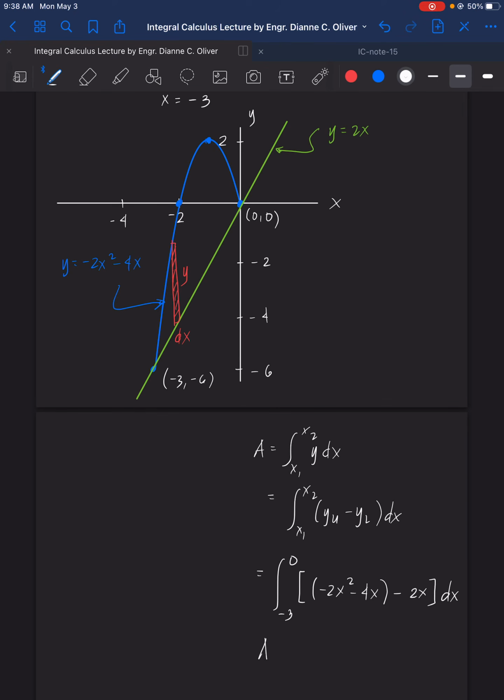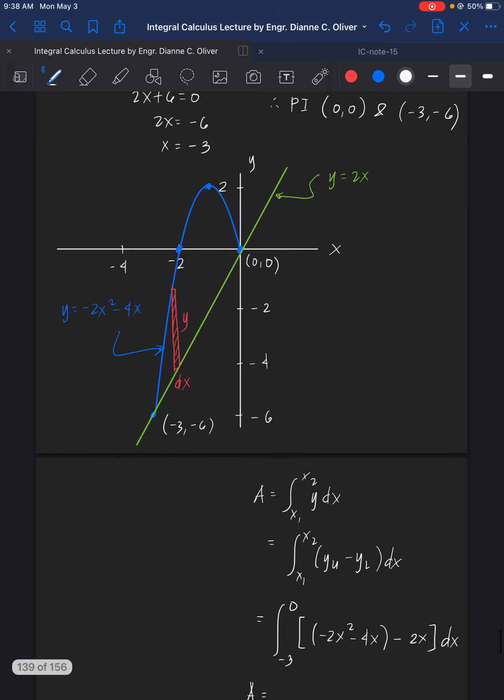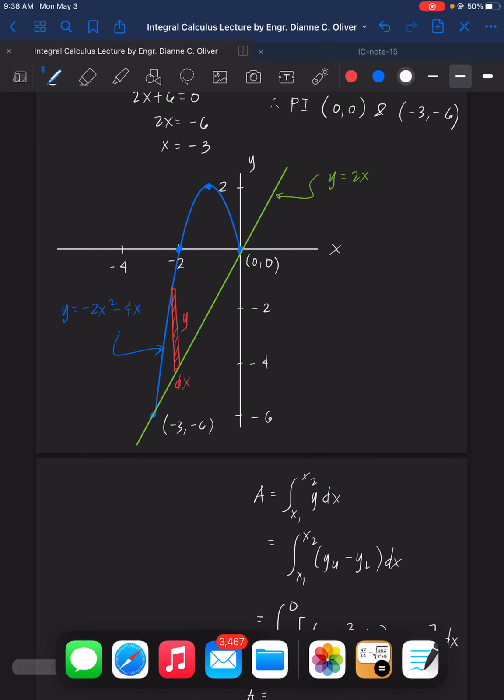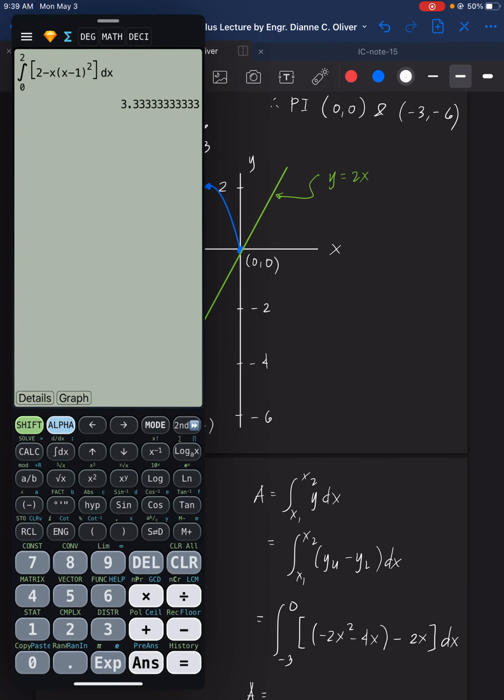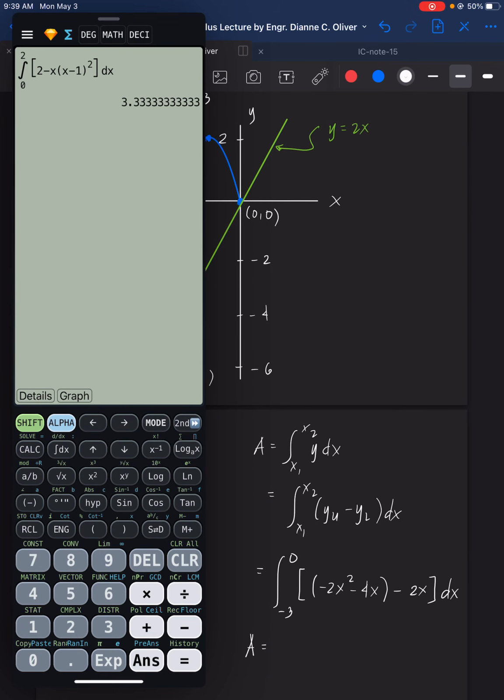So area is now equal to the integral of negative 2x squared minus 4x, close parenthesis, minus 2x, dx.